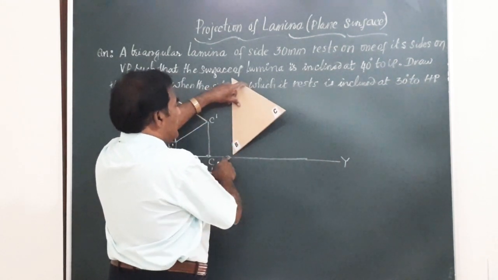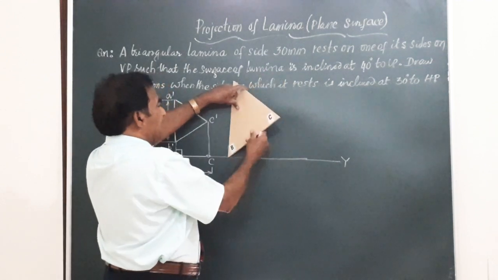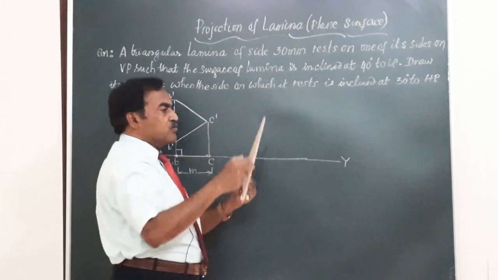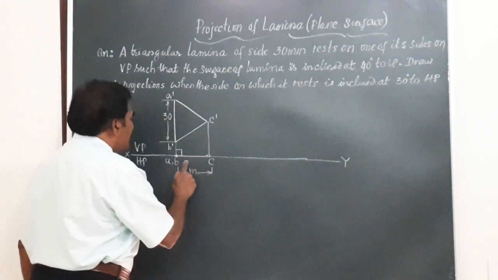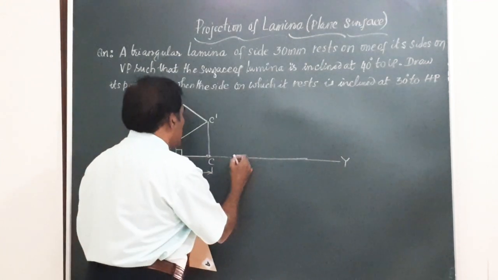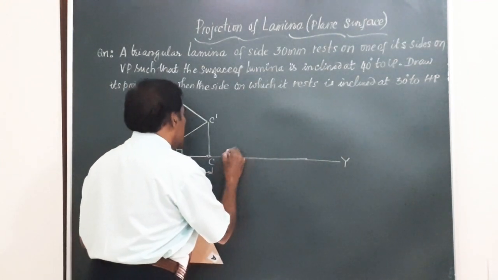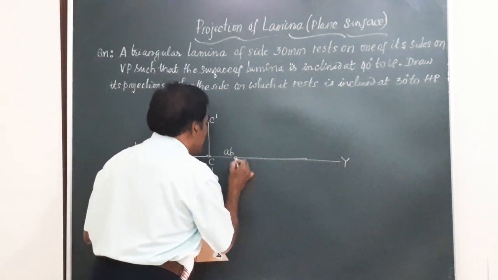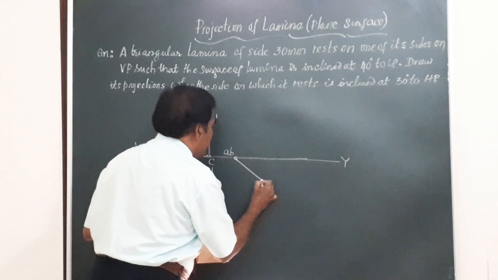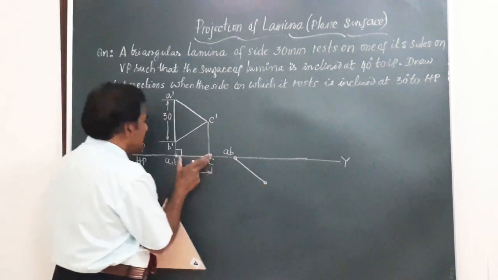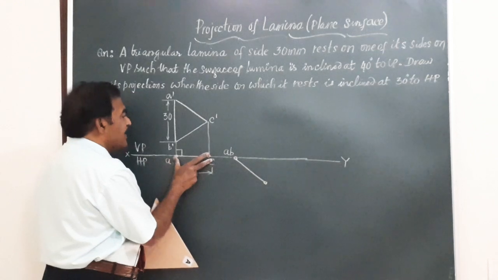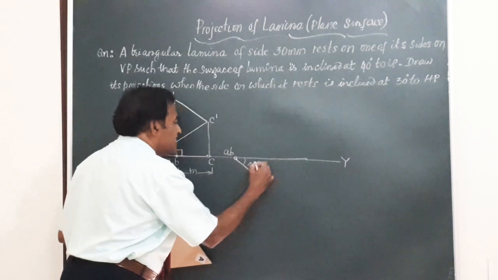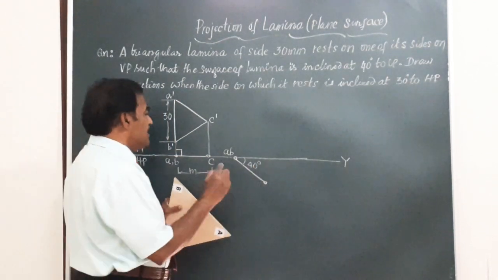The side AB is on VP, the surface is making an angle, and this inclination of the surface can be seen only in the top view.